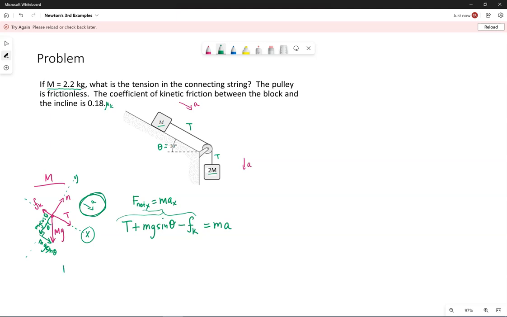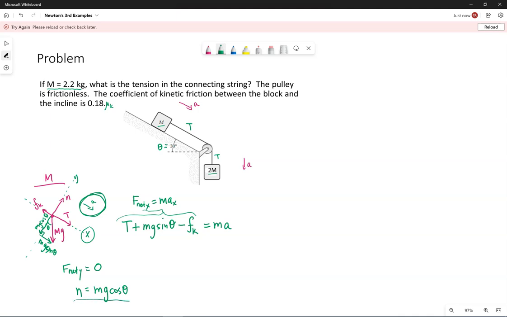In the y direction, because of my choice of coordinate system, this block on the incline will not have an acceleration, which means the normal force needs to balance out that y component of gravity, the mg cosine theta.